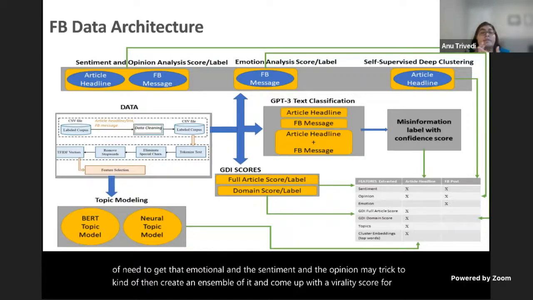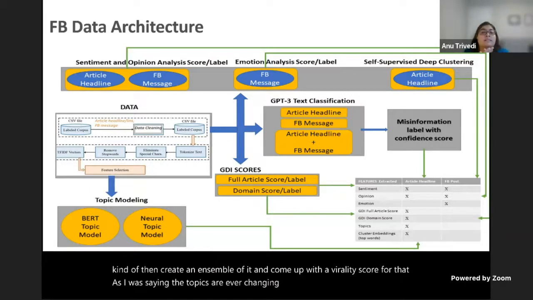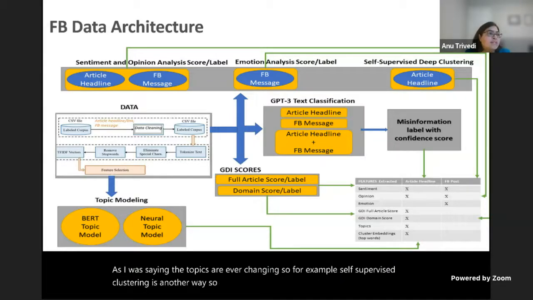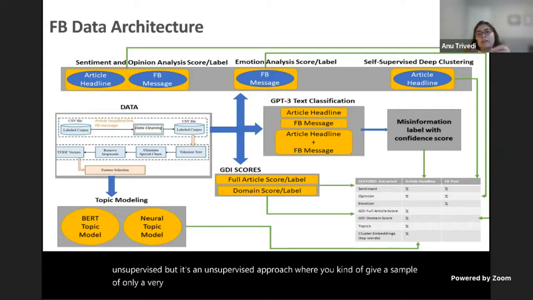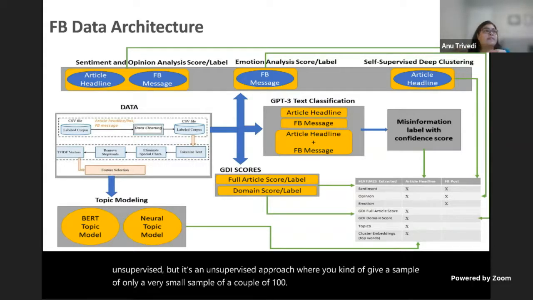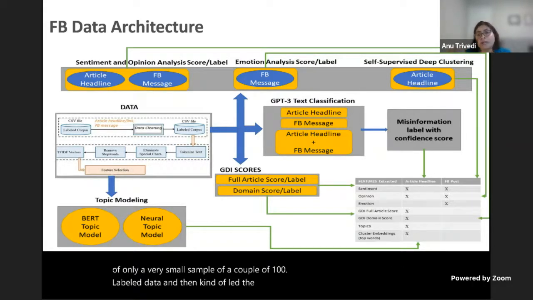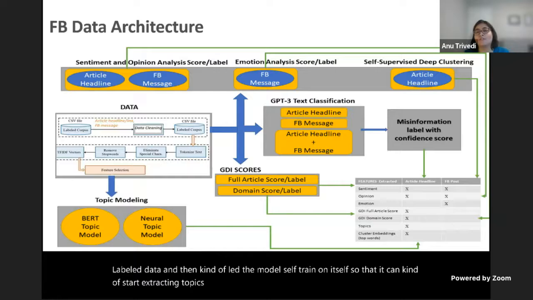As I was saying, the topics are ever changing. So for example, self-supervised deep clustering is another way. It's not completely unsupervised, but it's an unsupervised approach where you give only a very small sample of a couple of hundred labeled data, and then let the model self-train on itself so that it can start extracting topics which can achieve virality.